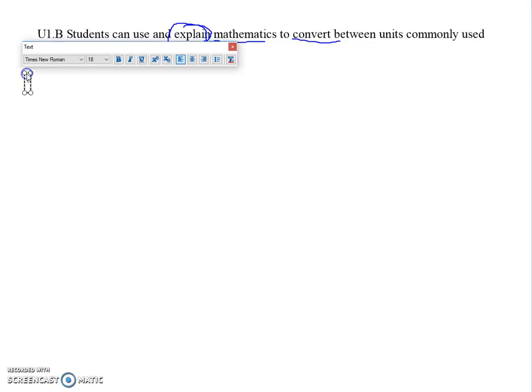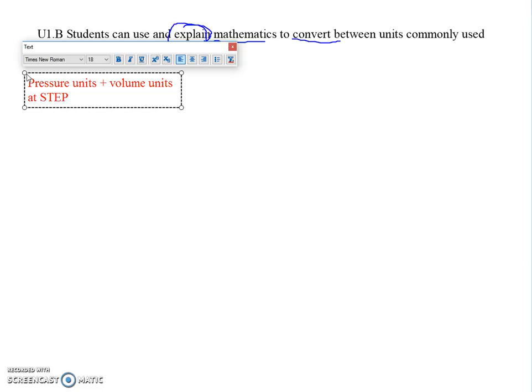The other standard, or one of the other standards, is students can use and explain mathematics to convert between units. So I would say there's 3 main categories of conversions that we've done. Conversions between pressure units and volume units, I'm treating this as one category.